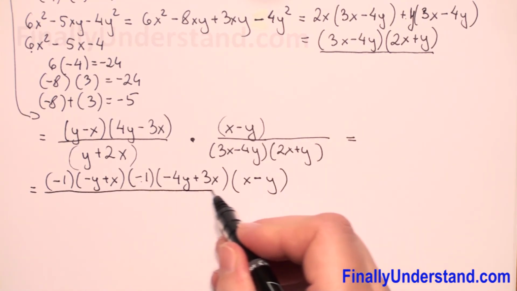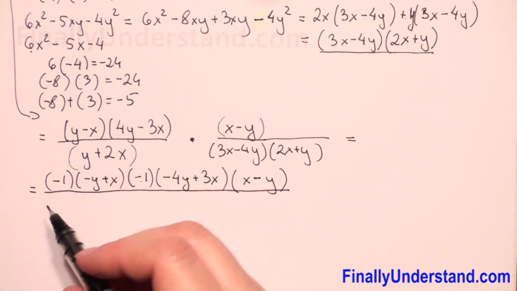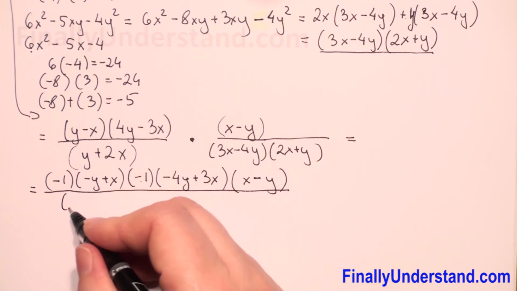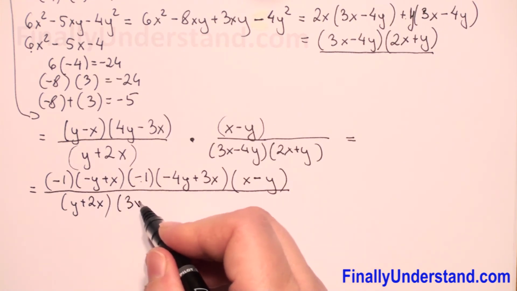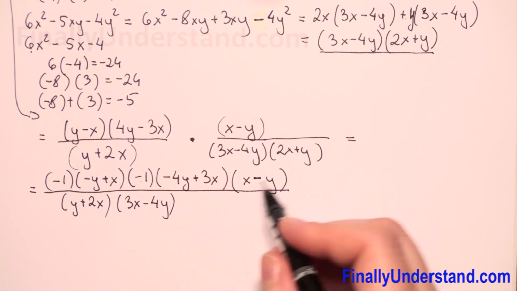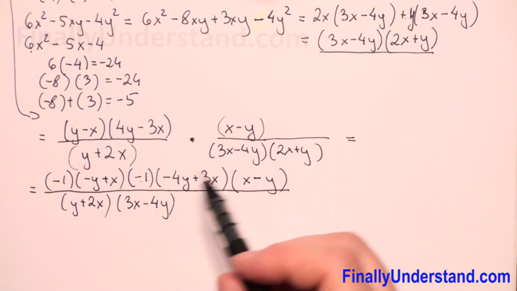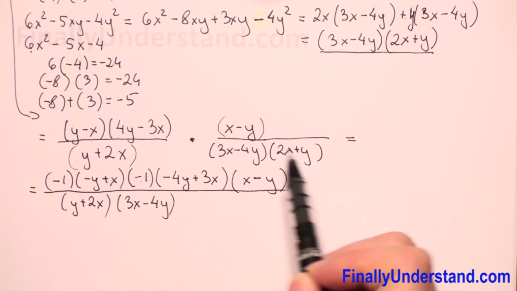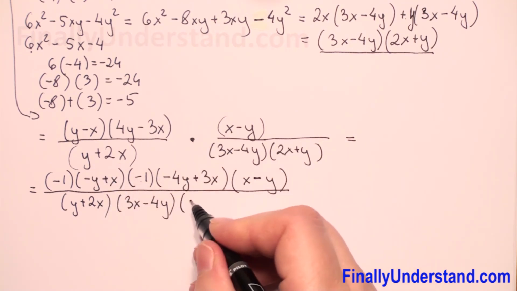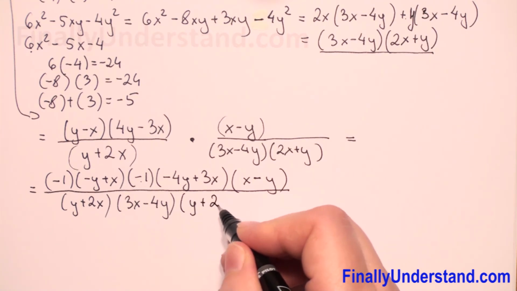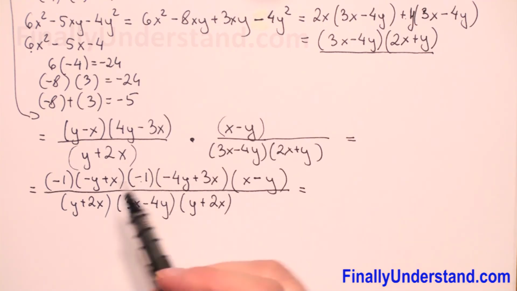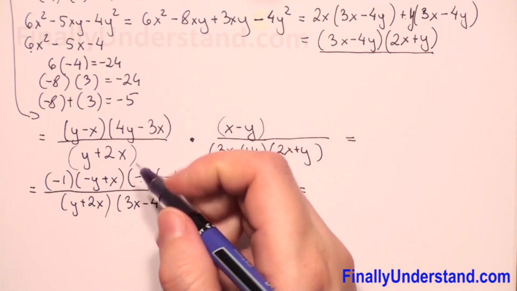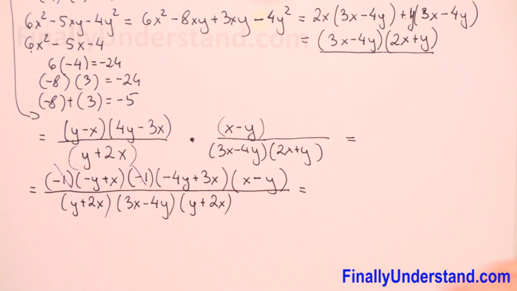And in the denominator we have y plus 2x times 3x minus 4y. And like I said, we have 2x and y, so first I will put y and next 2x. So this is equal: negative and negative, we have multiplication, so we can cancel these out.